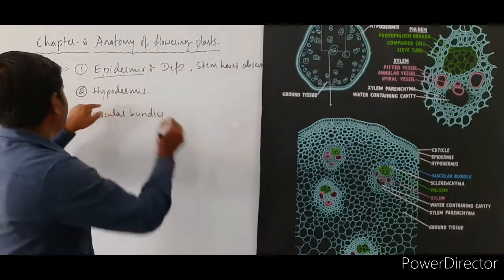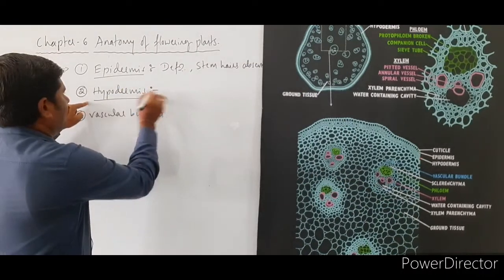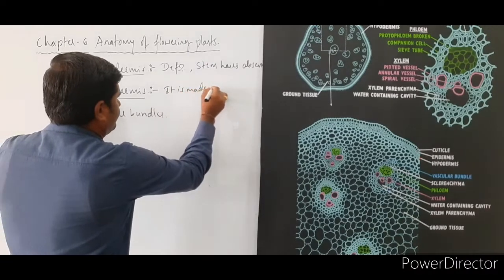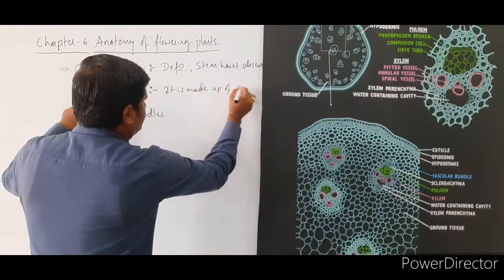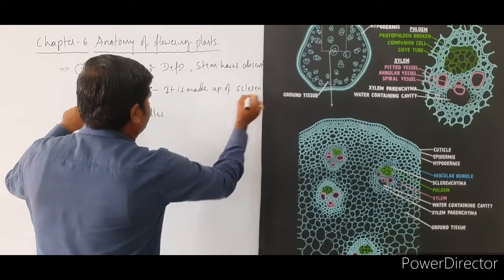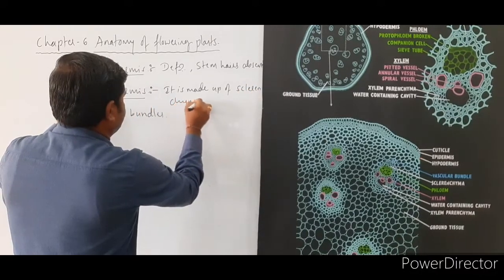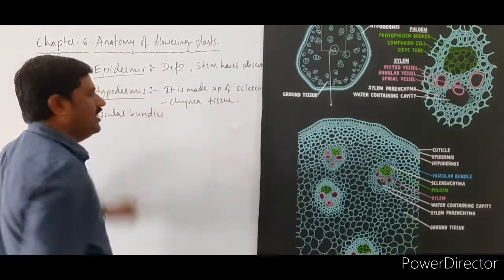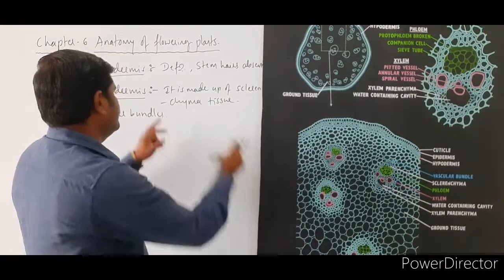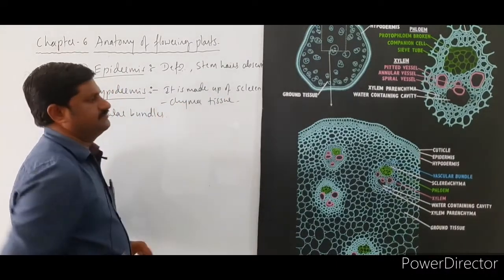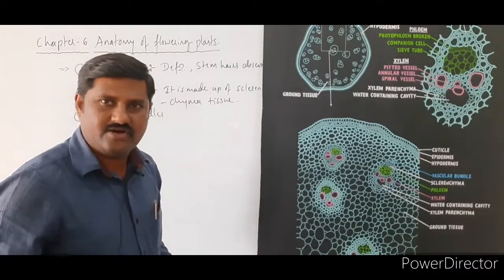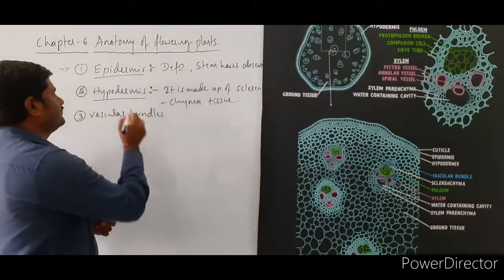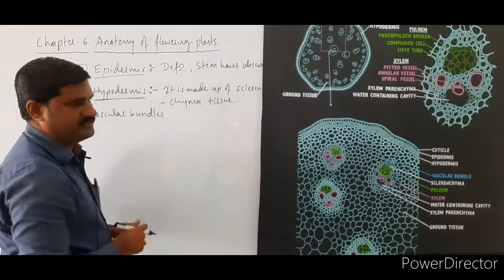So the point to be noted over here, hypodermis is made up of sclerenchyma tissue. This point is very important one. But in case of a dicot, it is made up of collenchyma. So this is about the hypodermis.